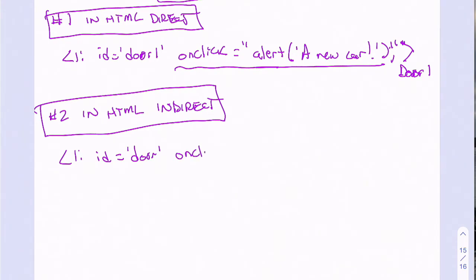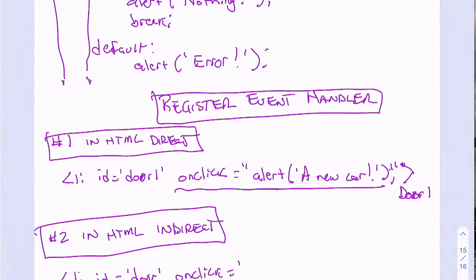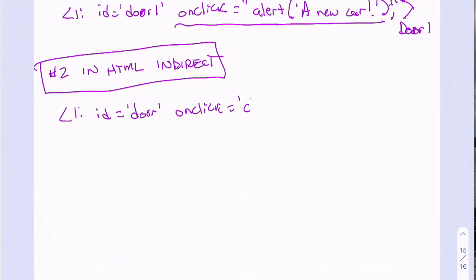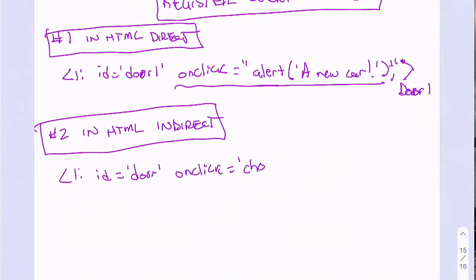So we're still using the onClick, which is a bad idea, equals, and we're going to say, what do we call this method here? Choose door. Okay, onClick, choose door. Still not great.